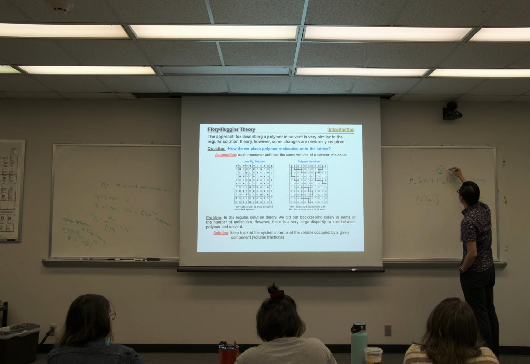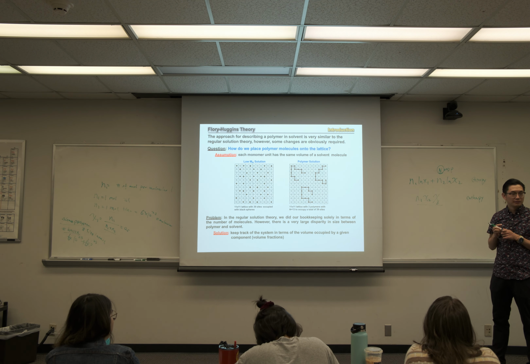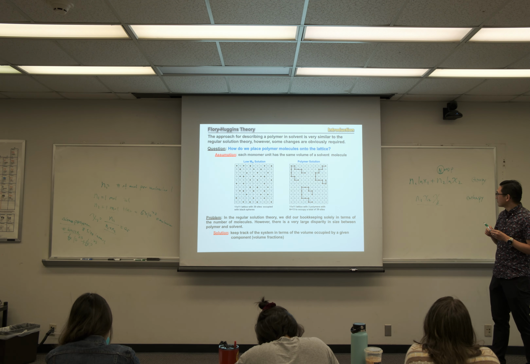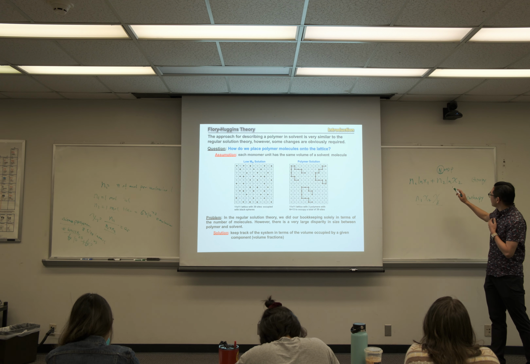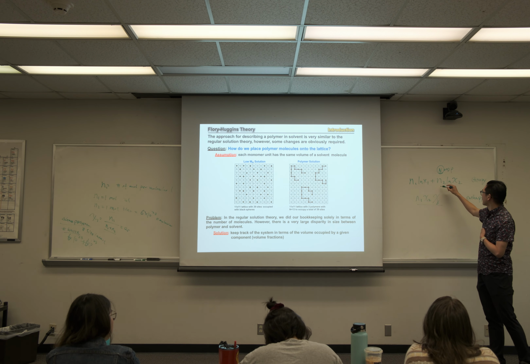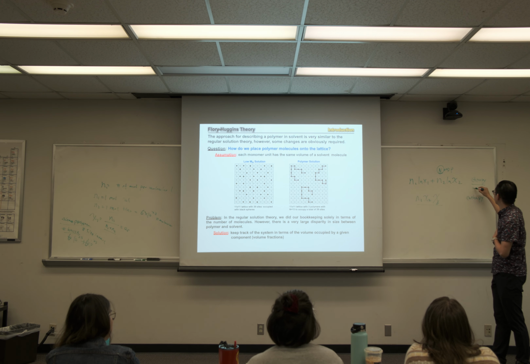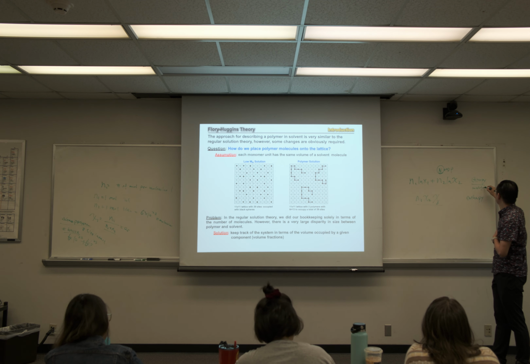We need to consider how long the polymer is, and in this case, we're going to use the degree of polymerization N, taking into consideration how long the chains are. Right? Because N will impact how many lattice sites it occupies and how much entropy we can calculate. So this definitely needs a modification.